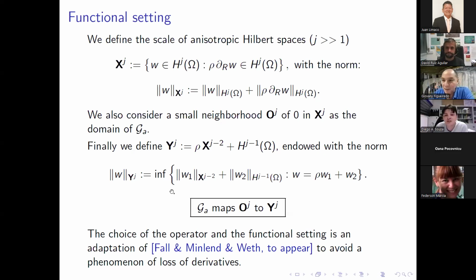I have a question. Yeah, Diego. Can you obtain a C infinity solution? Well, let's say not yet. In this case, we have C^k for any given k. C infinity is something that we are thinking about.